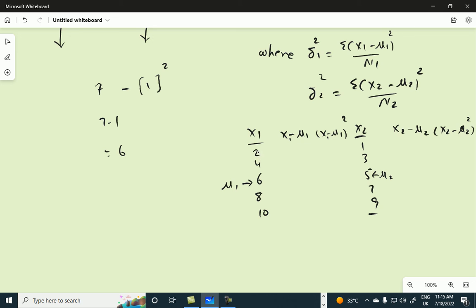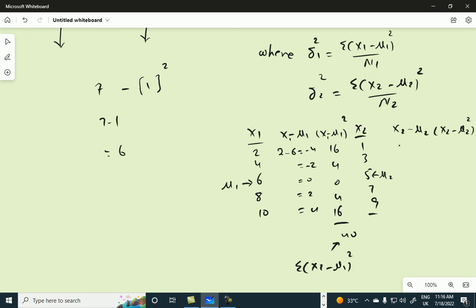So 2 minus 6 is equal to minus 4. Similarly, minus 2, 0, 2 and 4. If you square these values, it is equal to 16, 4, 0, 4 and 16. And if you add up, this is equal to 40. This is equal to summation of (x1 minus mu 1) square.